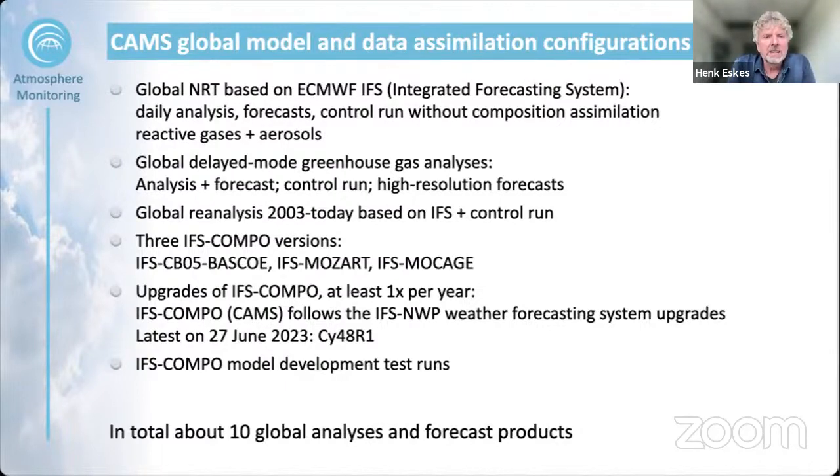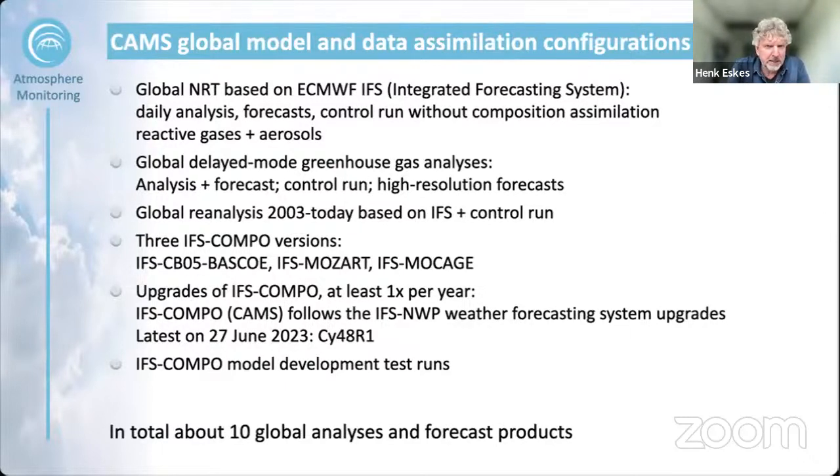Then within the code of IFS, IFS Compo is the composition part of the IFS code. We have 3 flavors. The main flavor which we are looking at is based on chemistry which comes originally from TM5. That's the CB05 code for the troposphere, which is combined with the BASCOE code, which is used for stratosphere chemistry. But apart from that, there are 2 other flavors of the model.